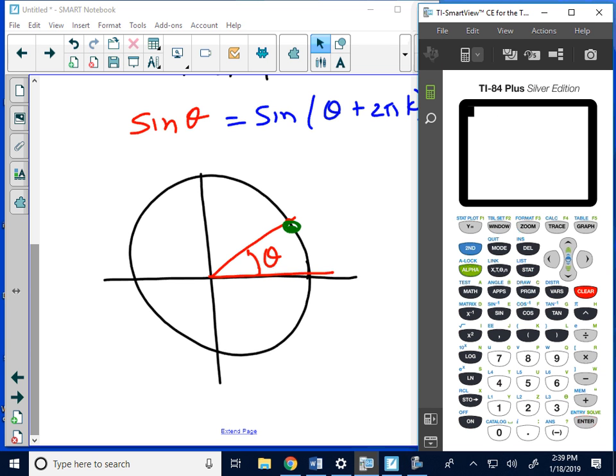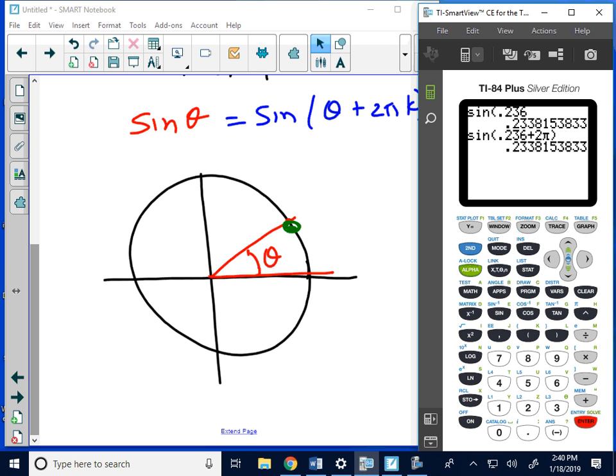The sine of, I don't know, 0.236 radians is that. The sine of 0.236 plus 2 pi. So now I've added a full rotation. You know what number I'm going to get? Exactly the same number.